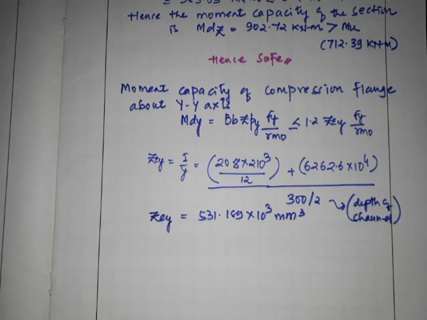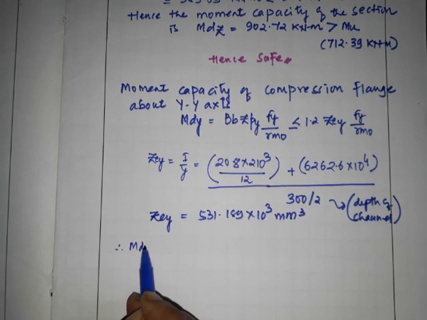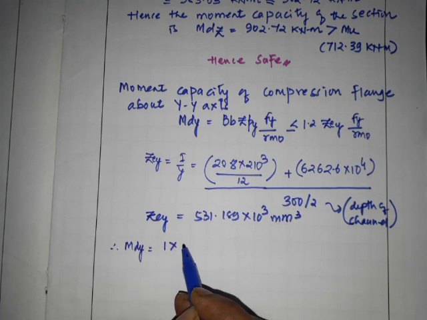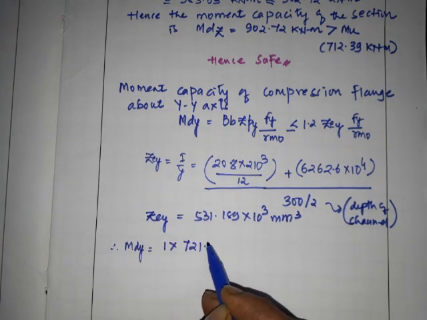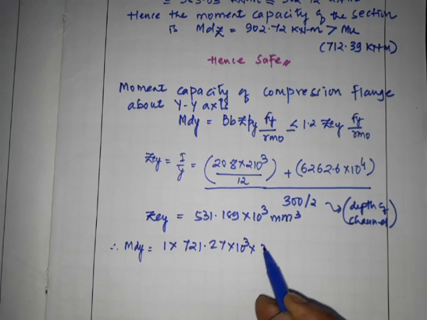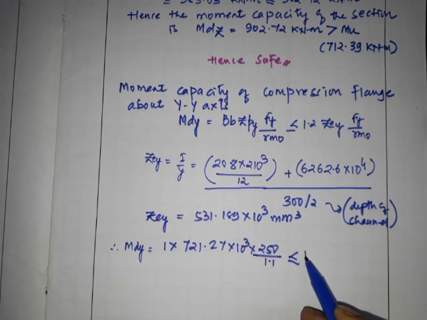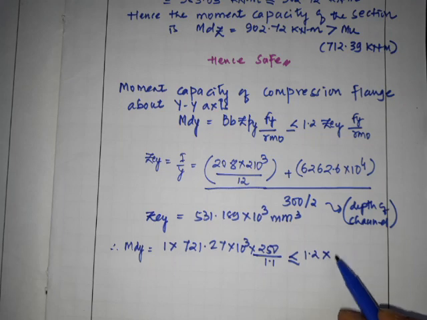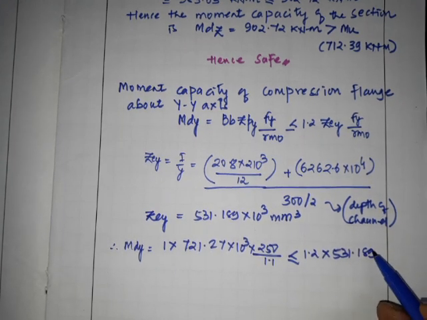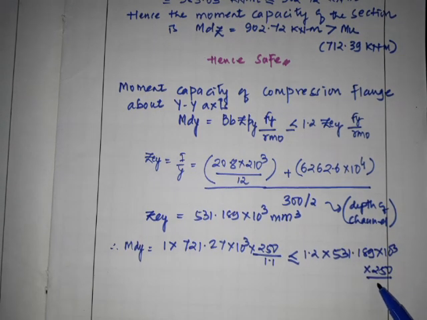Understood? Then so therefore Mdy is equal to 1 into 721.27 into 10 raised to 3 into 250 divided by 1.1, less than or equal to 1.2 into 531.189 into 10 raised to 3 into 250 divided by 1.1.